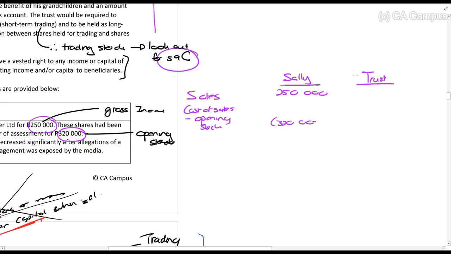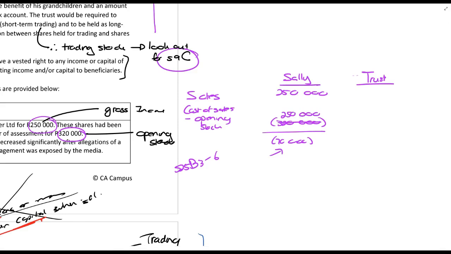If you did that 320,000, it means that she is going to have a 70,000 rands loss, Sally. If you go and look at Section 25B, they give you the rules about what happens to these types of deductions. And they tell us that she can't have this loss. So what they say is this deduction for her must be limited to 250,000.